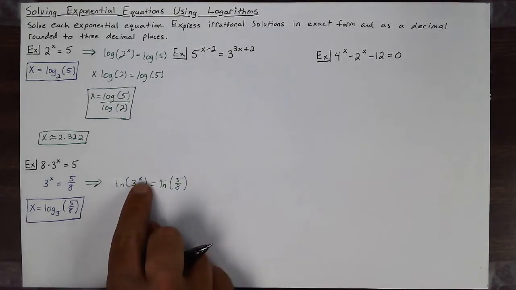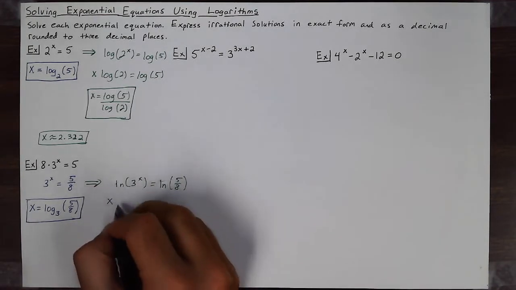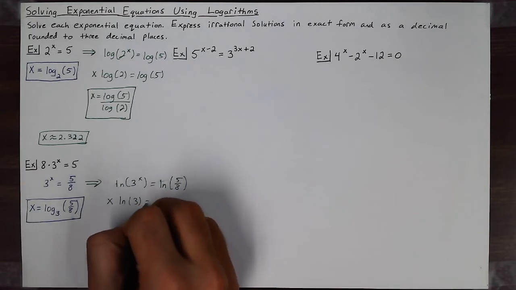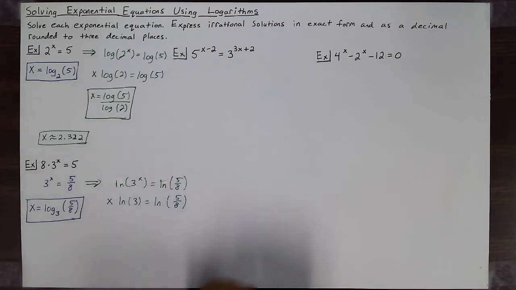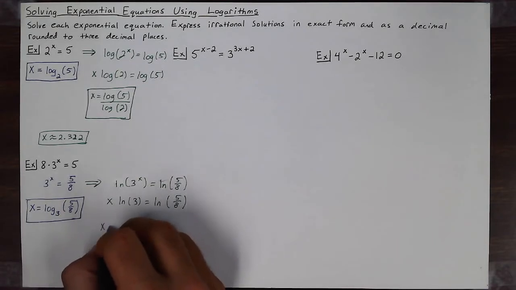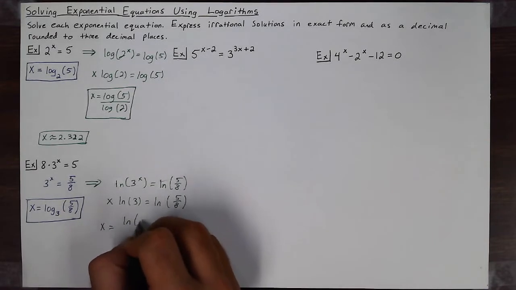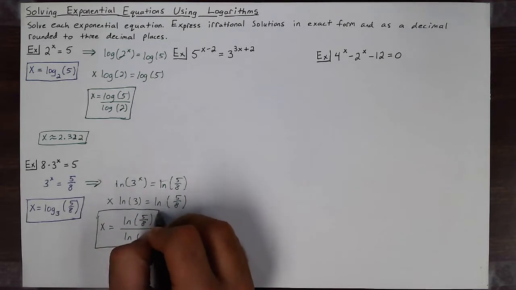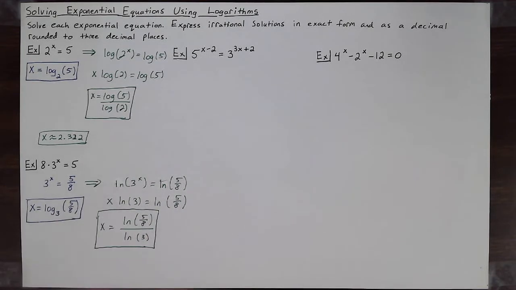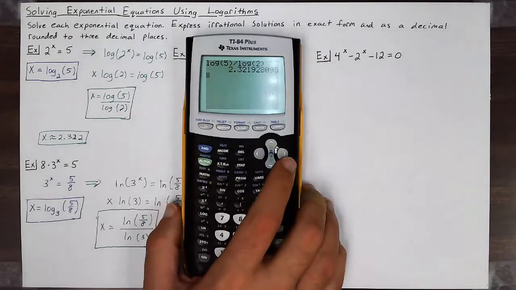And then we can move the exponent out in front, giving me x natural log of 3 is equal to natural log of 5/8. Then I can just divide by natural log of 3, and x will equal the natural log of 5/8 divided by the natural log of 3. Which, if you notice here, is still the change of base formula away from the actual answer over there. So either of these solutions work, but I'm going to use this one in order to plug it in.